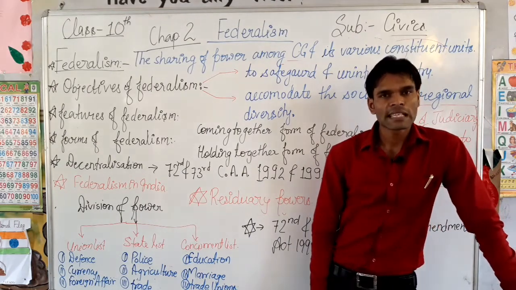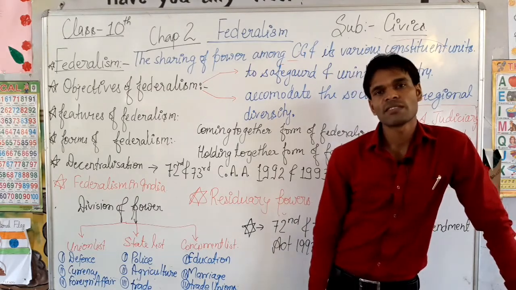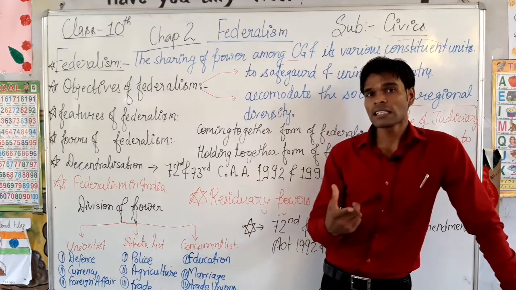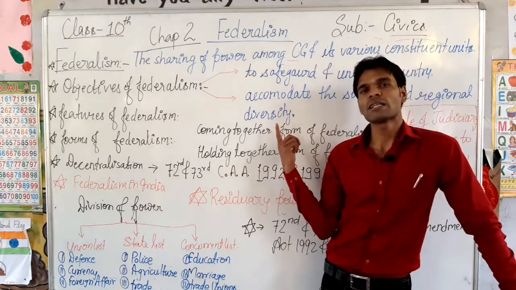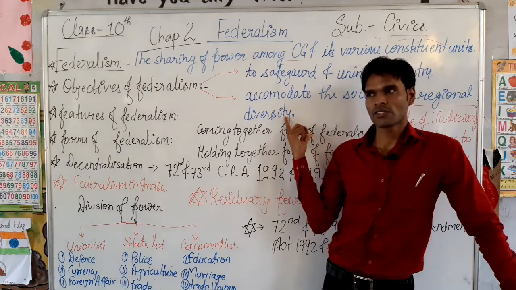In some countries like India, which have a mass population, to make the administration easier, the process of decentralization takes place. I will discuss it later in detail, but till then you should know that countries having a mass population have the process of decentralization, and there the local government also exists.